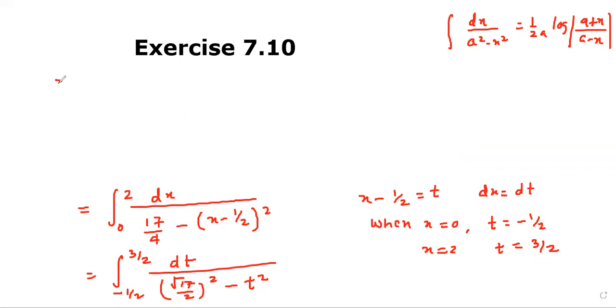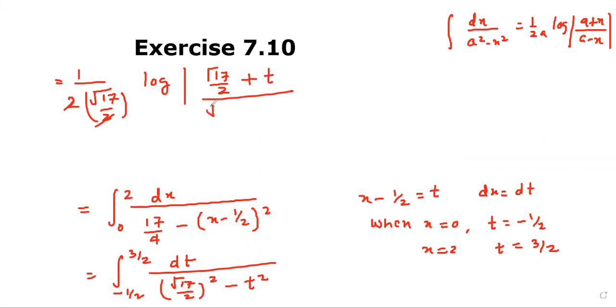So 1 upon twice of root 17 by 2. So 2 will cancel out. And then log of a plus x, here a is root 17 by 2 plus x, x is t, divided by root 17 by 2 minus t, and limits minus half to 3 by 2.